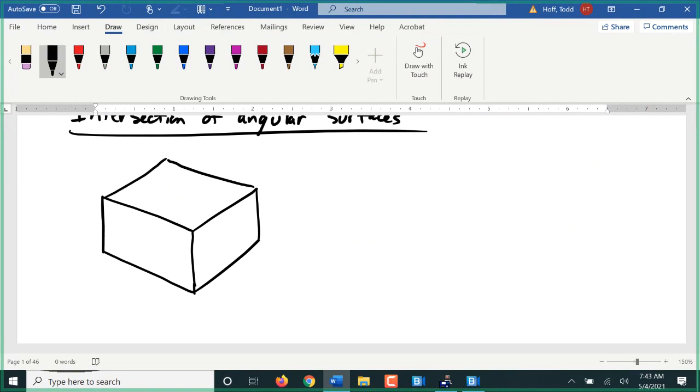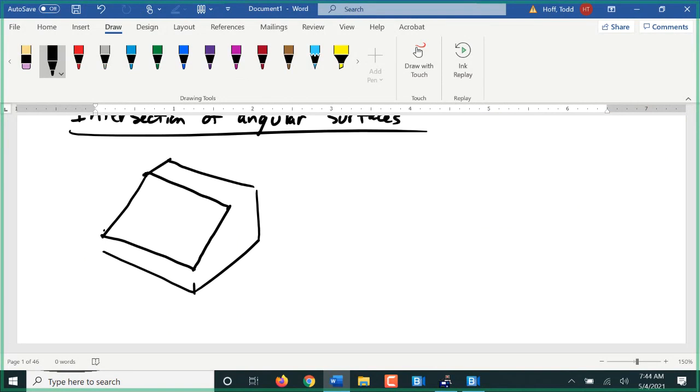So we're going to start out with our standard block here. And what we're going to do is we're going to cut an angle across here and here, and we're going to mill that surface off.